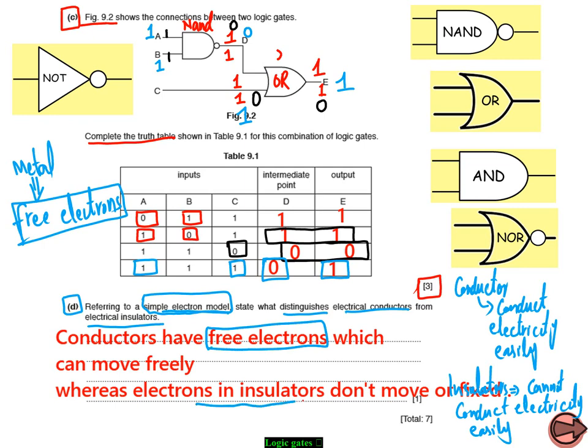On the other hand, in insulators, electrons cannot move freely. Electrons are fixed. That's the reason insulators are not very good electrical conductors. This is how we can explain using the simple electron model.